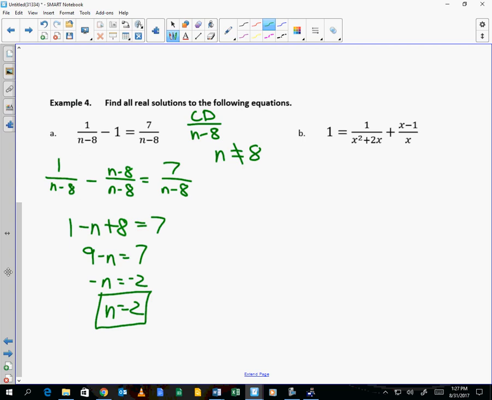All right. What's going to be the common denominator here? X times x plus 2. Good. Or x squared plus 2x. So I'm going to multiply top and bottom by here and get x times x plus 2. I do not need to multiply this, so I have 1.